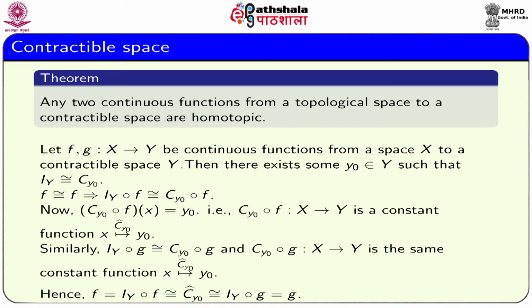Hence, f, which is equal to identity composed f, is homotopic to cy0 cap, and this cy0 cap is homotopic to identity composed g, which is g. So applying the transitivity of the relation being homotopic to, we get that f is homotopic to g.